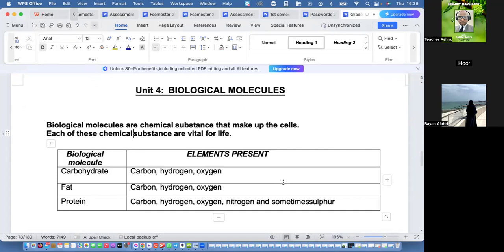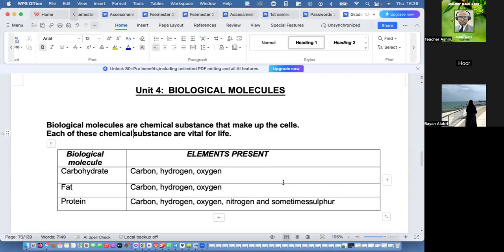Now, on my screen you see biological molecules, and you also see the elements present in each biological molecule. Carbon, hydrogen, and oxygen are present in carbohydrate, in fat, and in protein.